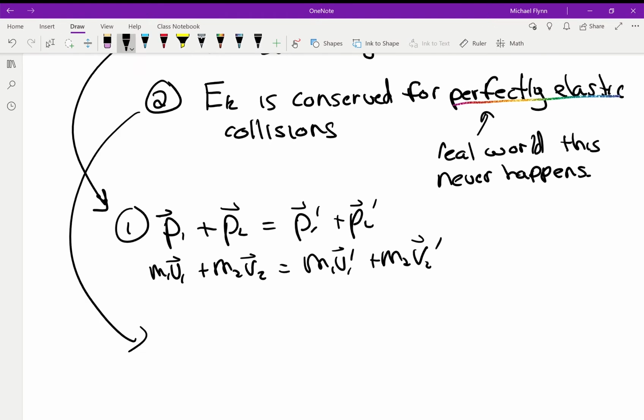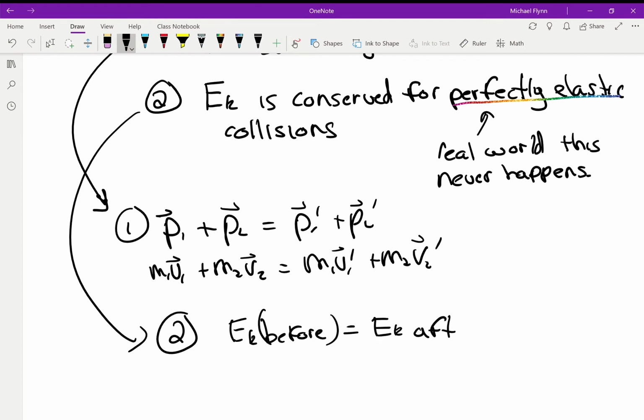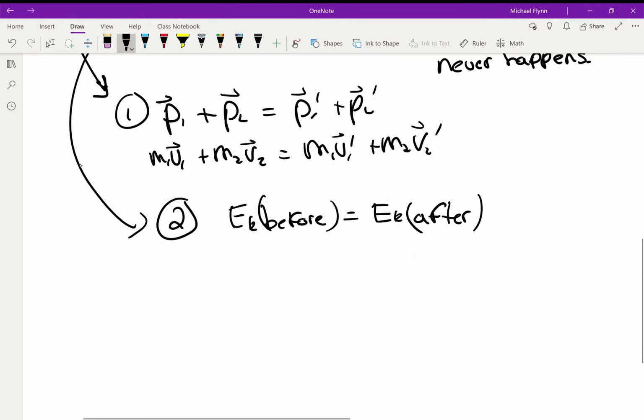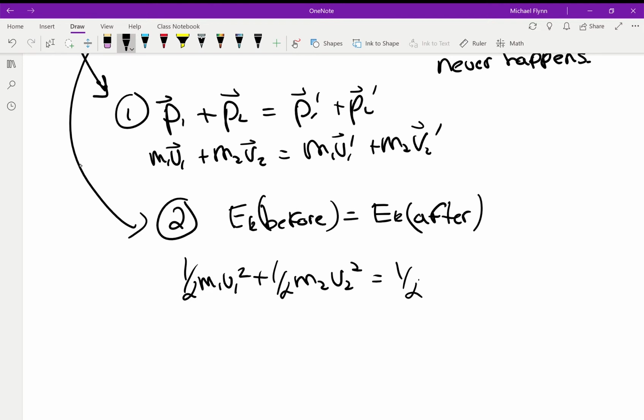So number two, what it means is the EK before the collision would equal the EK after. Okay? So what that looks like is 1/2 M1 V1 squared plus 1/2 M2 V2 squared equals 1/2 M1 V1 prime squared plus 1/2 M2 V2 prime squared.